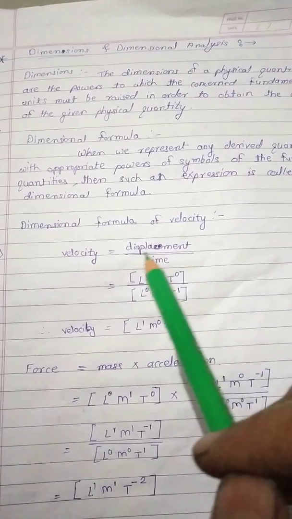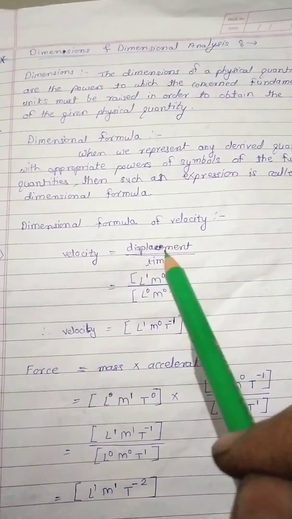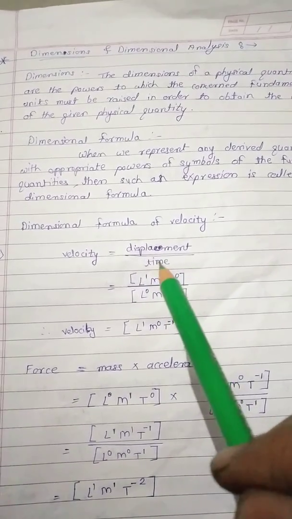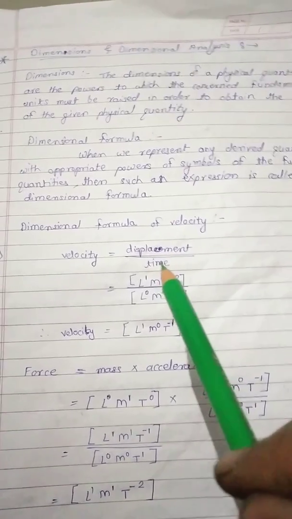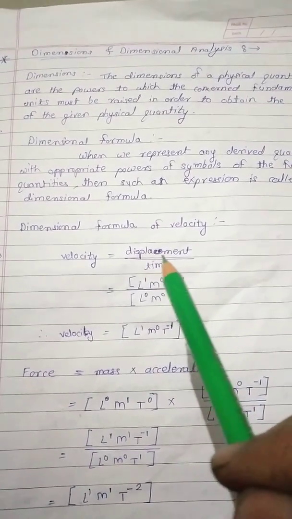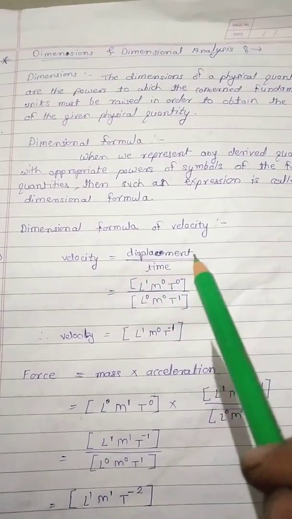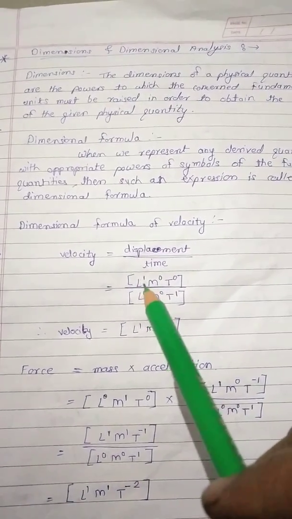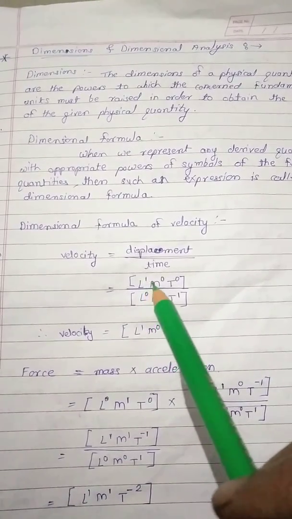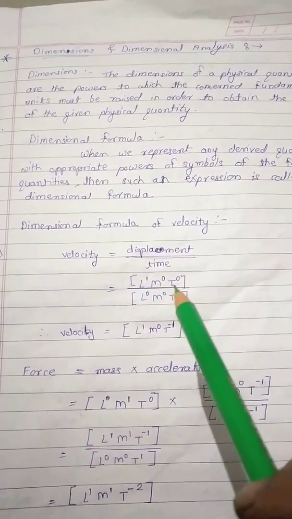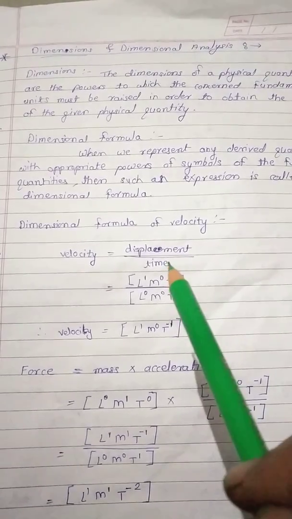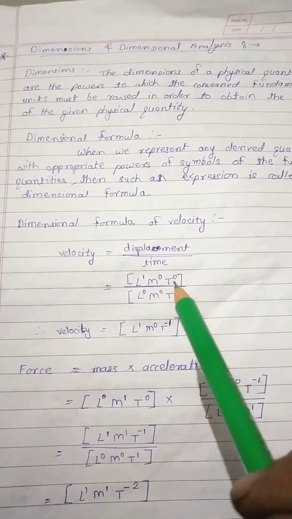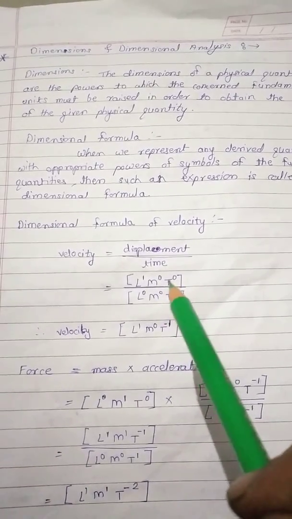Displacement is a fundamental quantity and time is also a fundamental quantity, meaning neither depends on any derived quantity. For displacement, the measurement is only in length, so we get L1, and M and T do not depend on it, so the power is 0, 0.